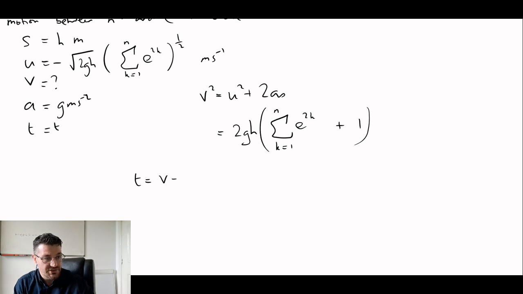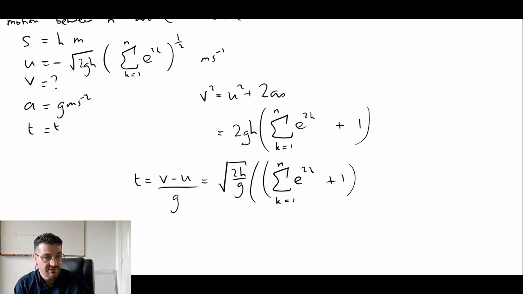T equals v minus u over g. So what we get is the square root of 2h over g times the sum, k equals 1 to n of e to the 2k plus 1 to the half, plus the sum from k equals 1 to n of e to the 2k to the half.